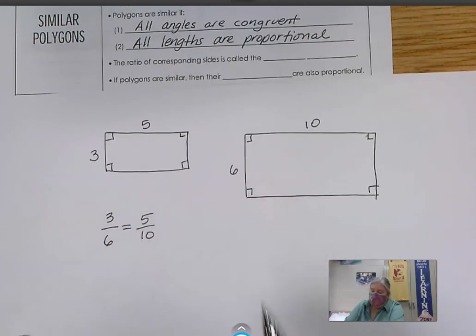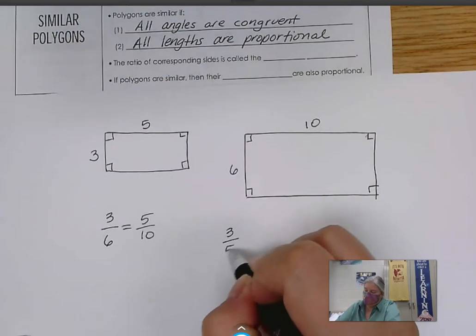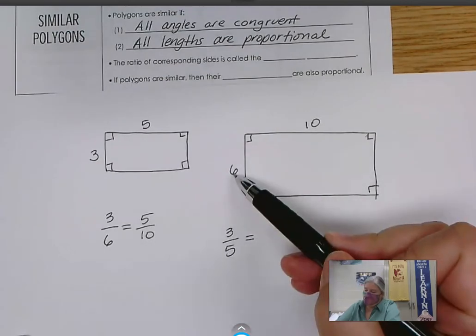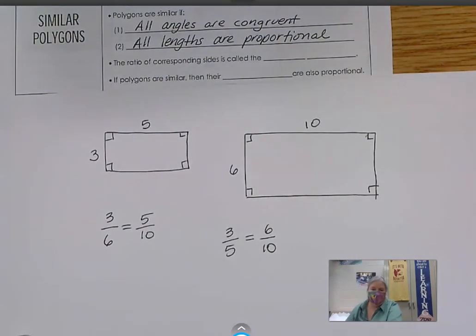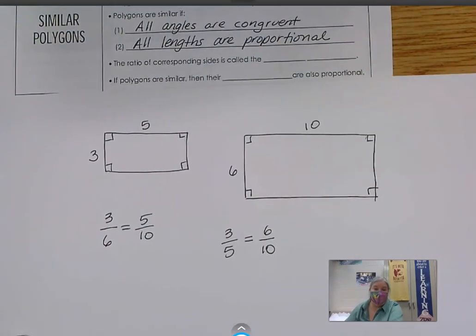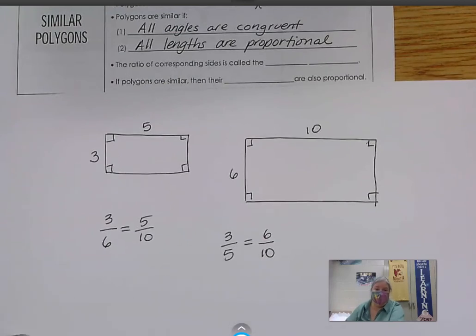Another way to look at it that also shows they're proportional is I could say 3/5 is the same as 6/10. So two different ways to look at the fact that my side lengths are proportional. A proportion is when two ratios are equal. So just using proportions, I can say true statements about the side lengths.